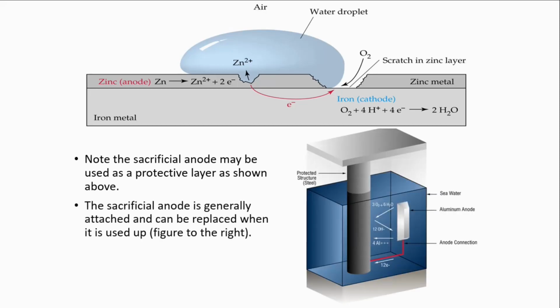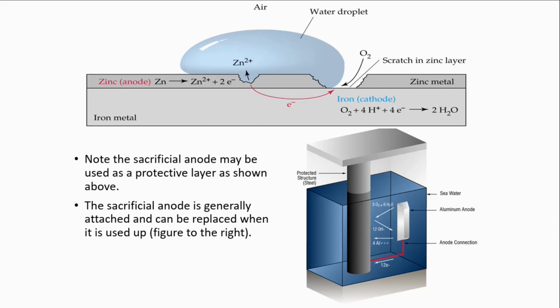Another good example: let's say you're building a rig, and that rig is supported by metals. The rig is in the sea, so seawater is around the metal support beams of the rig. You will need to protect these support beams by connecting them to something like an aluminum anode. Aluminum is more reactive, that is, aluminum will undergo oxidation much more readily than, say, the steel that holds your rig together.